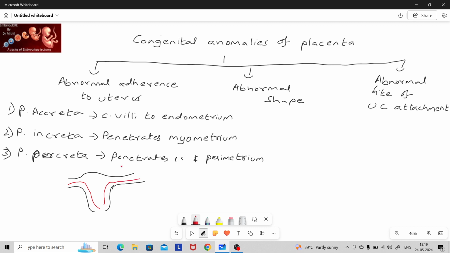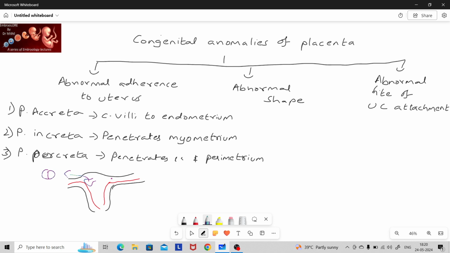First of all, let me show with a different color: the placenta accreta. They are attached to the endometrium. So here, this is the placenta accreta. I will number it as 1, placenta accreta.